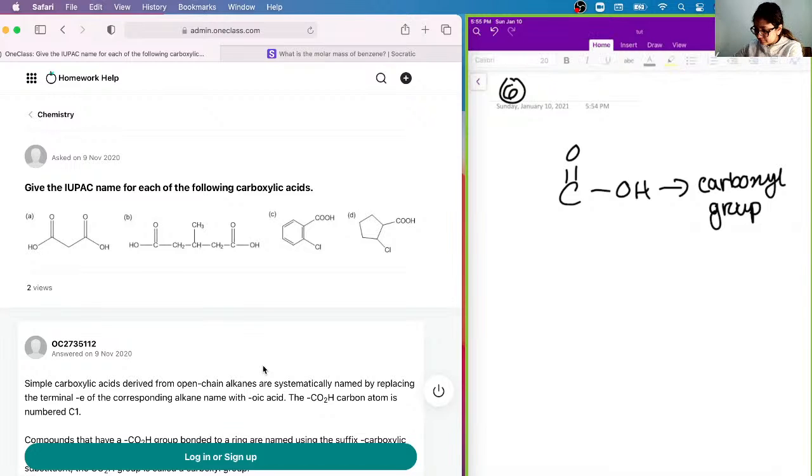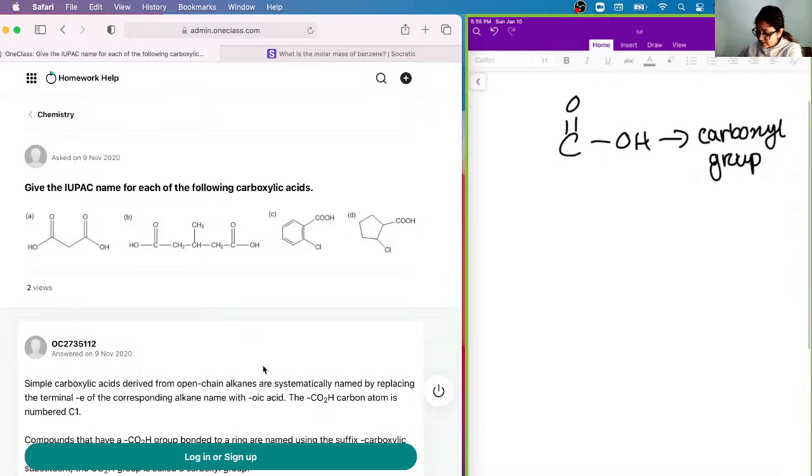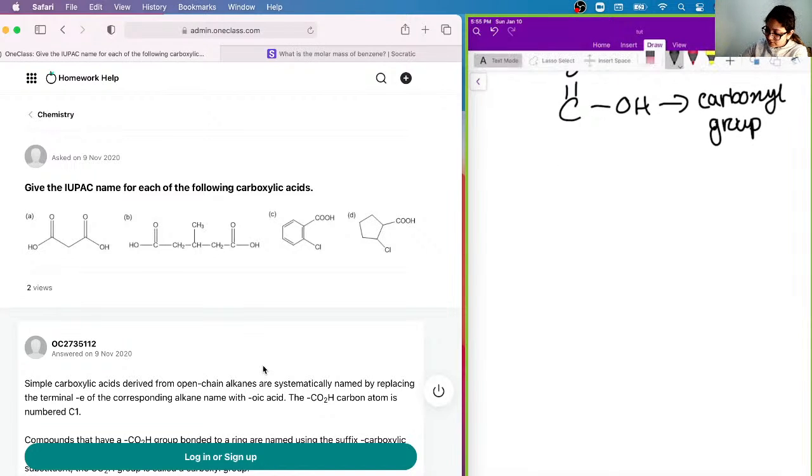Okay, and we're given 4 compounds here, and we're supposed to find the IUPAC name. So let's first draw them out. And so A: HO, double bonded O, double bonded O, right?